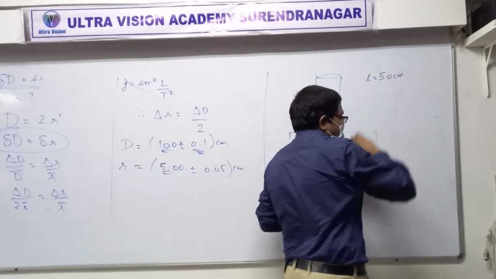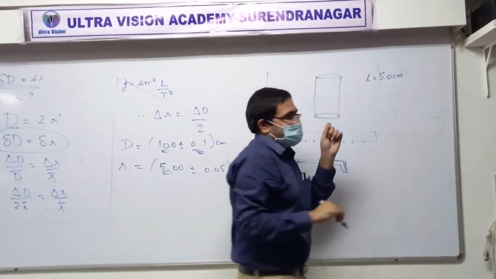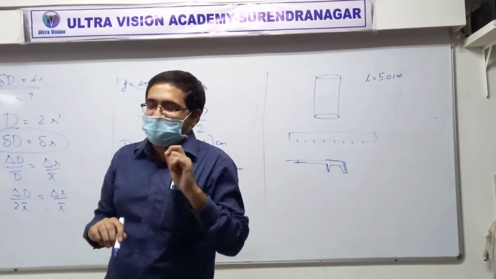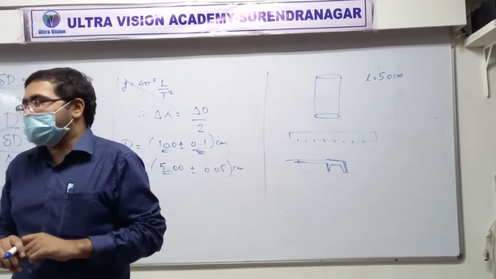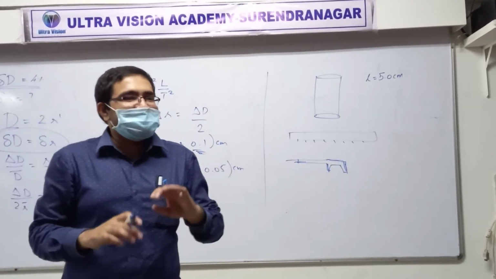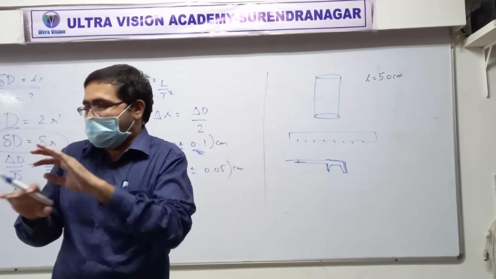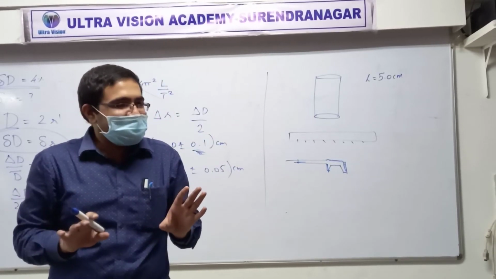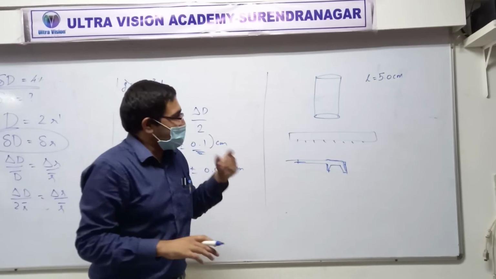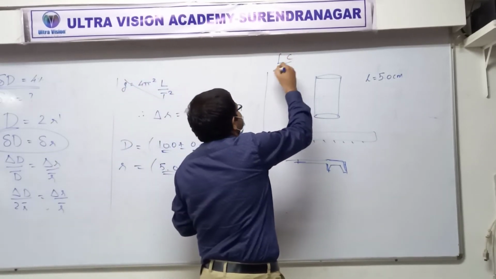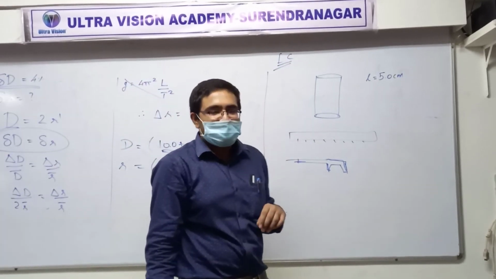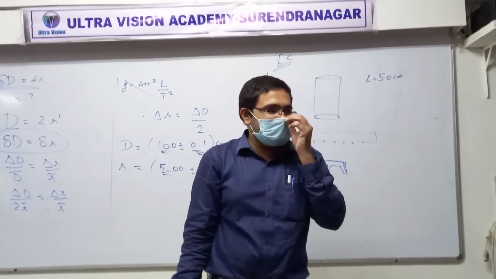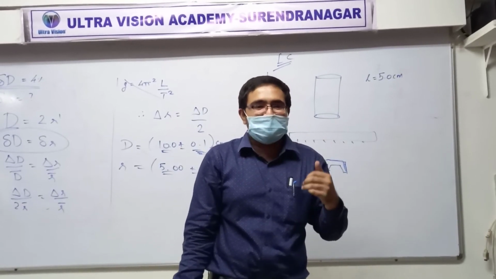But how much is the error? Because whenever you measure something, there will definitely be error. When we don't know anything about errors, every instrument always gives at least as much error as the least count. Because the instrument can never measure smaller than that.